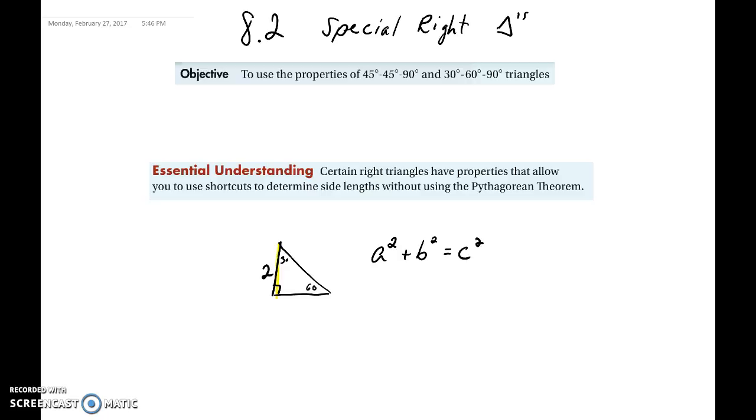But now today's lesson, we're going to learn in two different videos. The first video, we're going to learn about the 45, 45, 90 triangle. And then in our second video, we're going to learn about the 30, 60, 90 triangle. So these are two special right triangles in which they have properties that allow for you to use shortcuts to determine the side lengths without Pythagorean theorem.